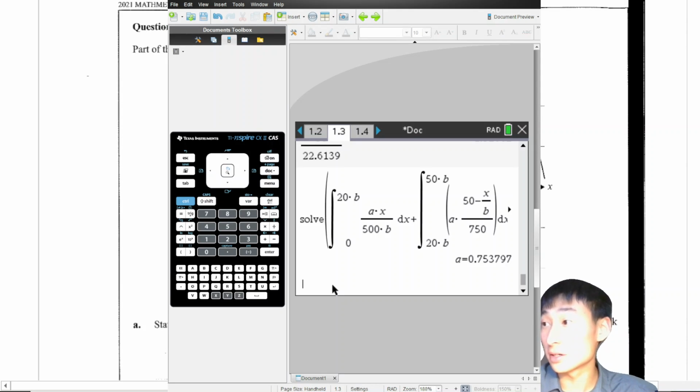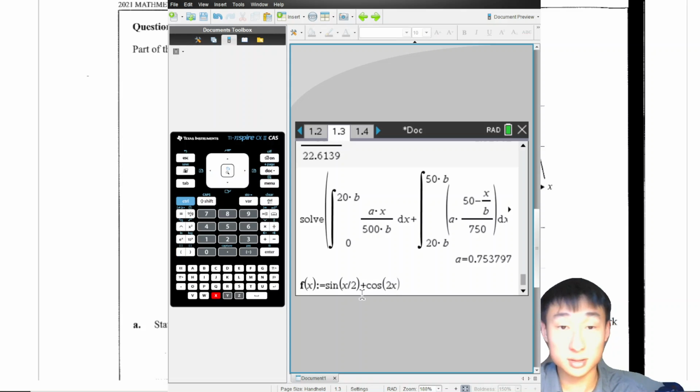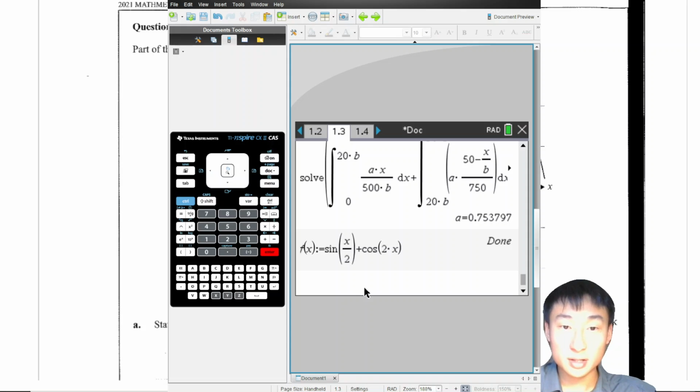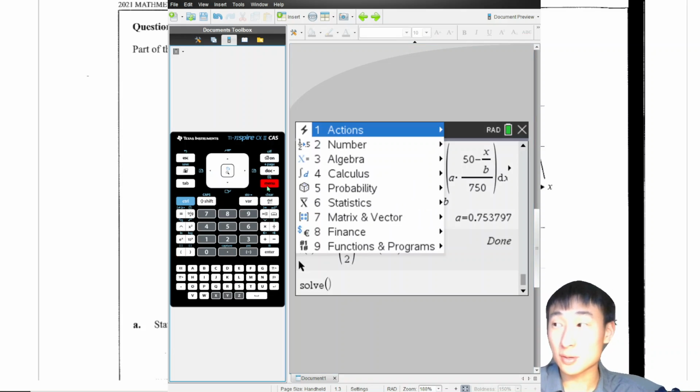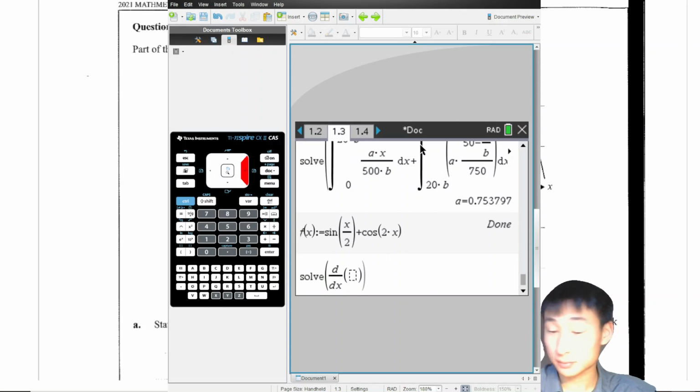Redefining f of x. f of x is equal to sine of x over 2 plus cosine of 2x. Okay, then what you have is, so I could solve that for 0. What's the best way to do this? Solve. This is 1 mark, right? Solve. No, it's not.